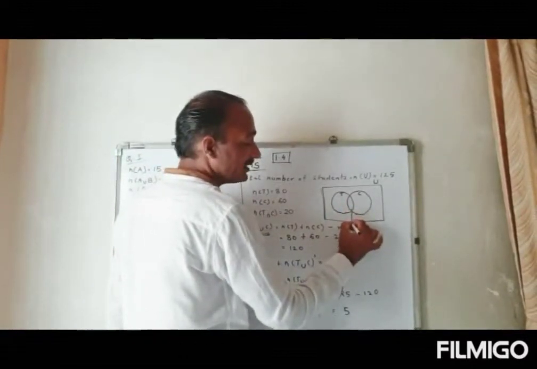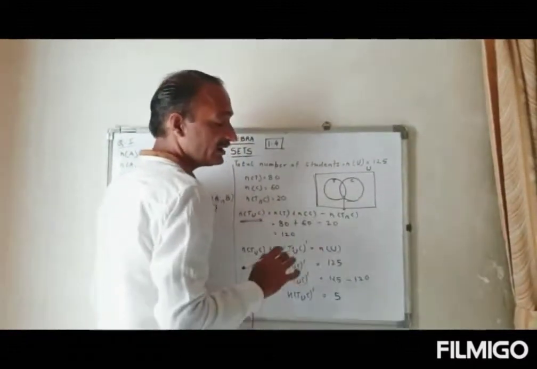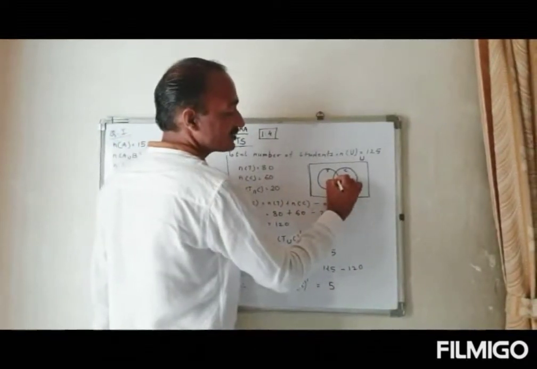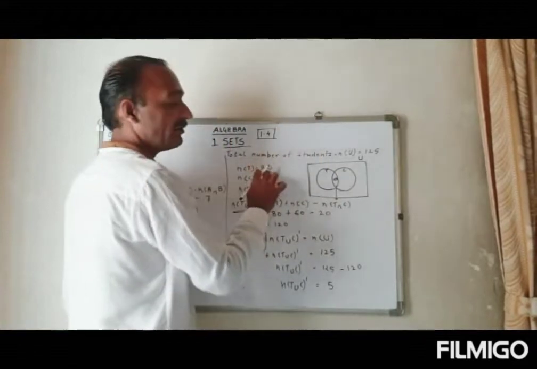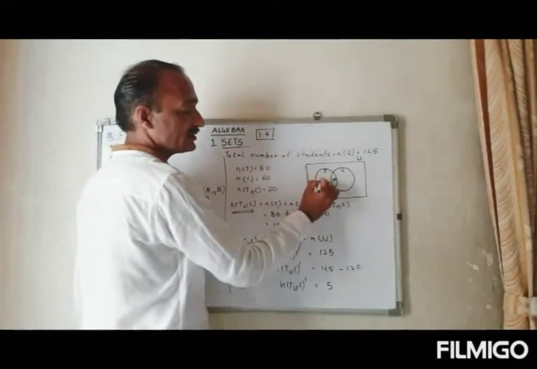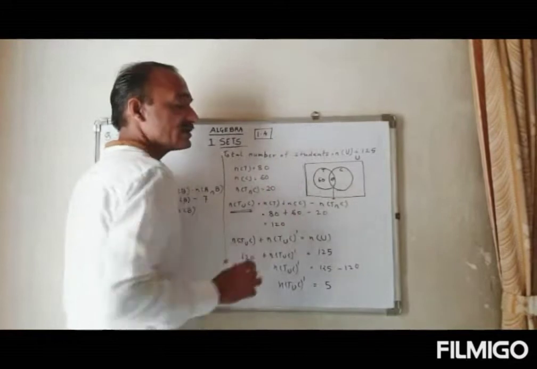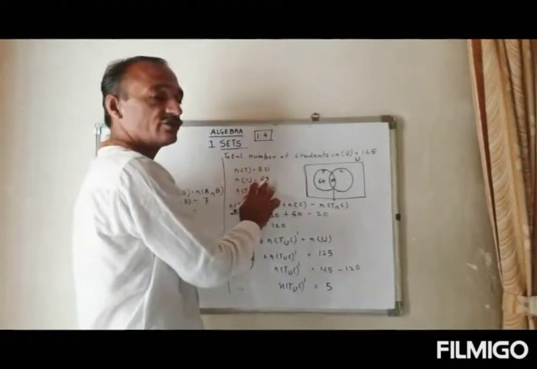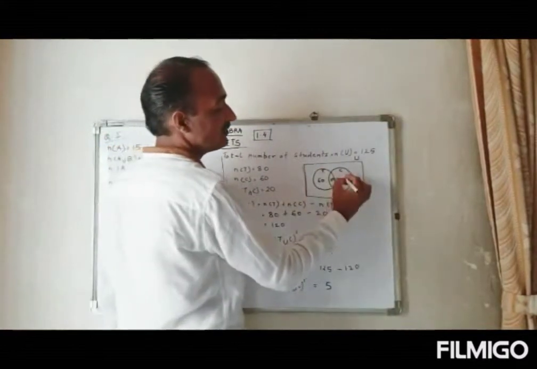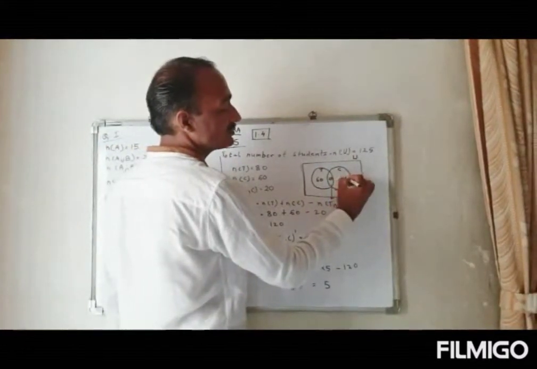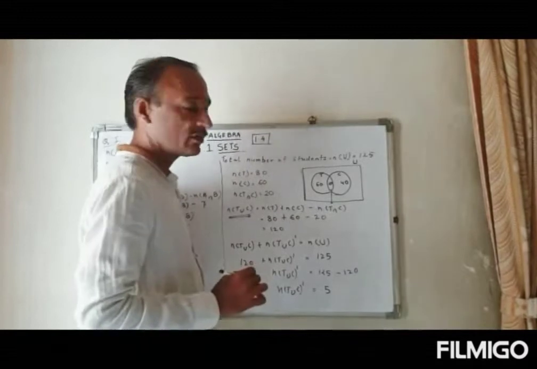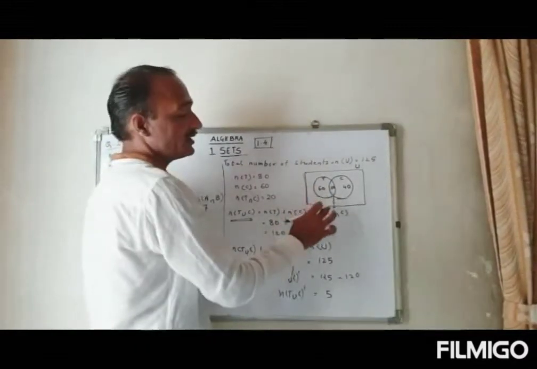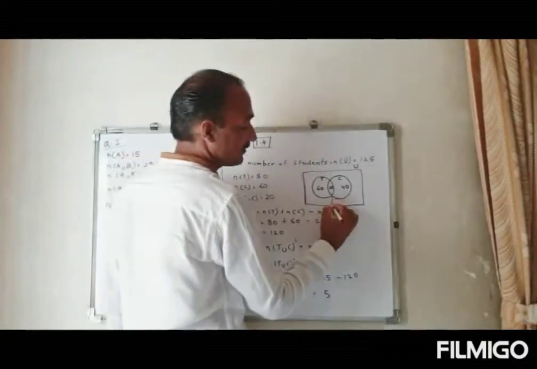This is tea intersection coffee. These are 20 students. Now 80 minus 20, 60. So 60 are the students who drink only tea. 60 minus 20, 40 are the students who drink only coffee, and 20 are the students who drink both tea as well as coffee.